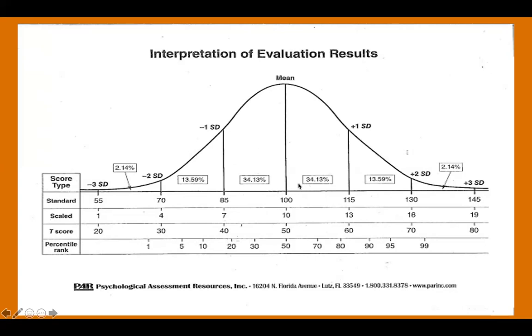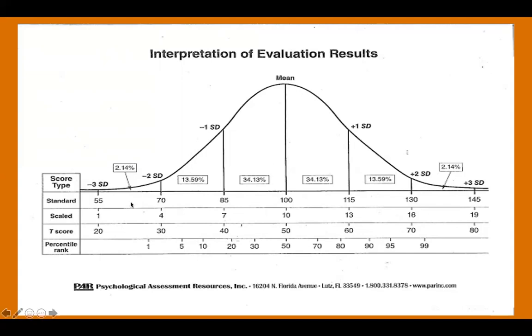68% of individuals in a population are going to fall within plus or minus one standard deviation from the mean in terms of IQ. And then if we move out to the second standard deviation, it goes out another, about 13 plus 13 is 26, roughly 27% more people who are going to fall within plus or minus two standard deviations from the mean.